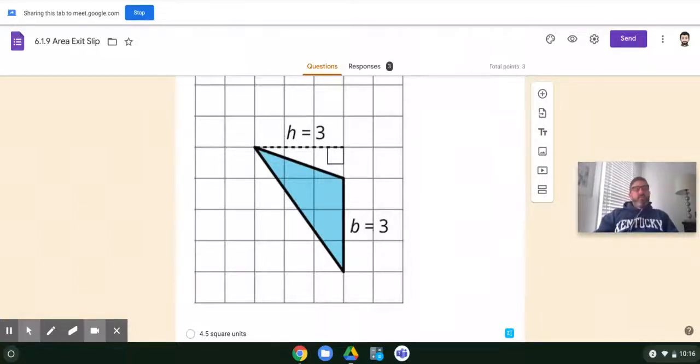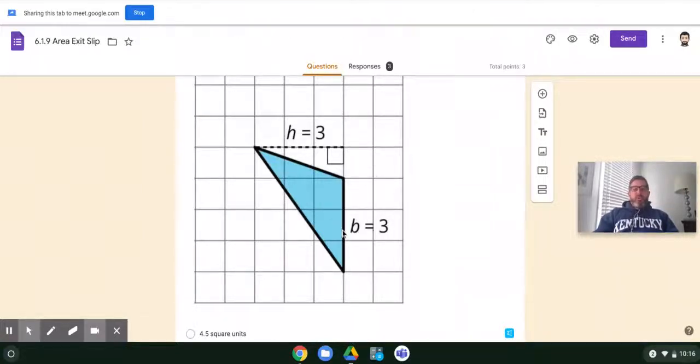But again, to make it easy on ourselves, we want to pick one that's either completely horizontal or side to side, or completely vertical, up and down. So in this case, we've got one that is completely vertical or straight up and down. So this is the one that they've chosen for us. And like you said, that is 3. The base is equal to 3.